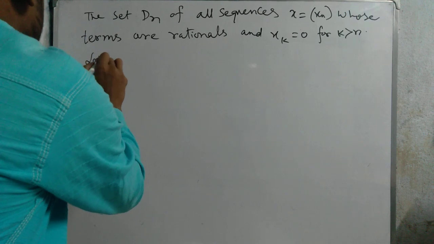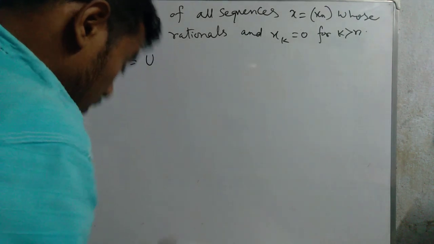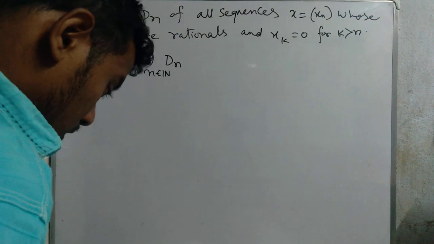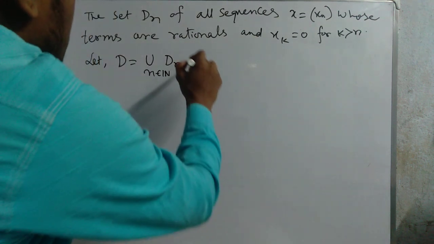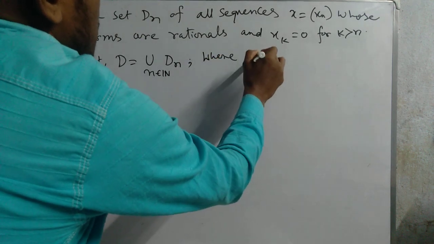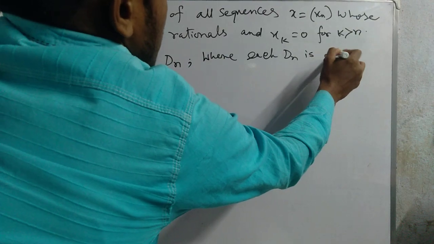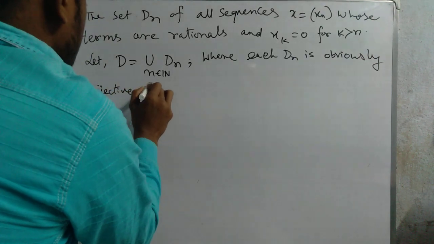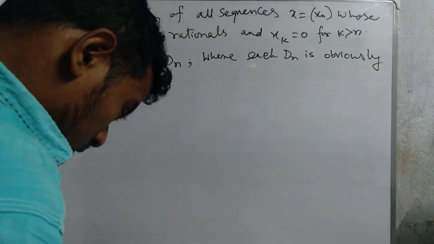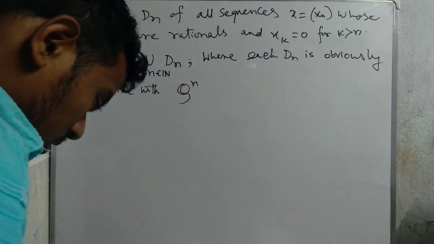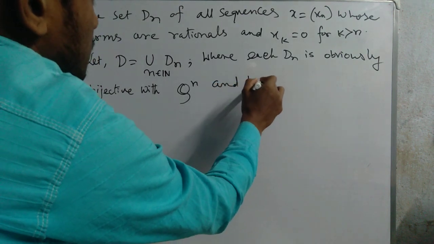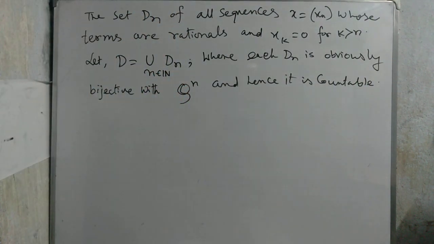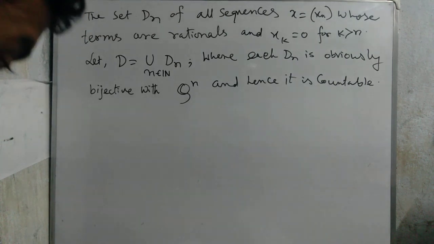Now let D equal to the union over n belonging to N of Dn. Here Dn is obviously bijective with Qn, and hence it is countable, because we know that Qn is countable.